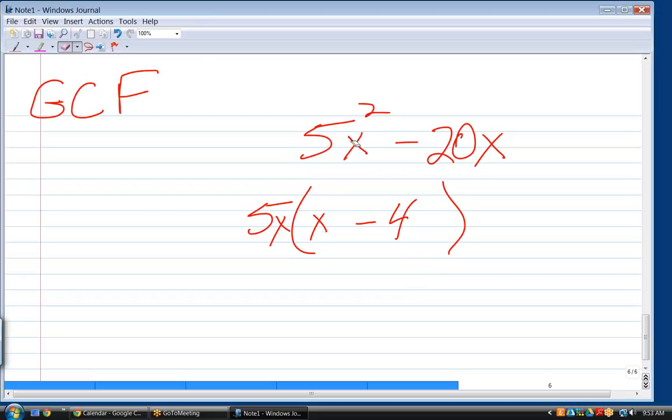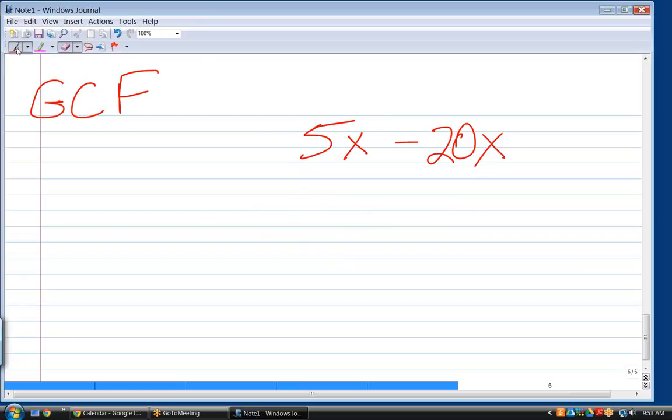And yes, you get x, which satisfies the requirement, and I can divide x into this and get just 4. So always include the variables when you're seeking your greatest common factor.